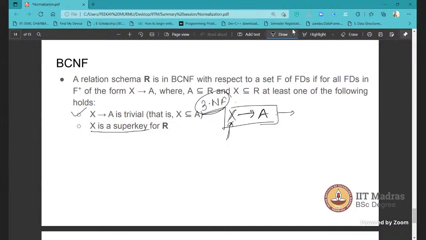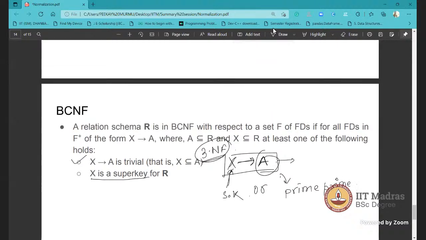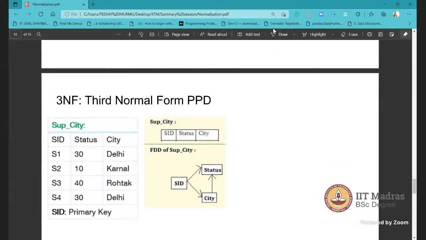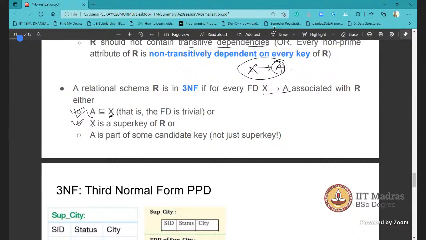Either this functional dependency is trivial, or X is a super key, or A is a prime attribute, that is, A is a part of some candidate key. This is the condition we have. Prime attribute, yes, sir.